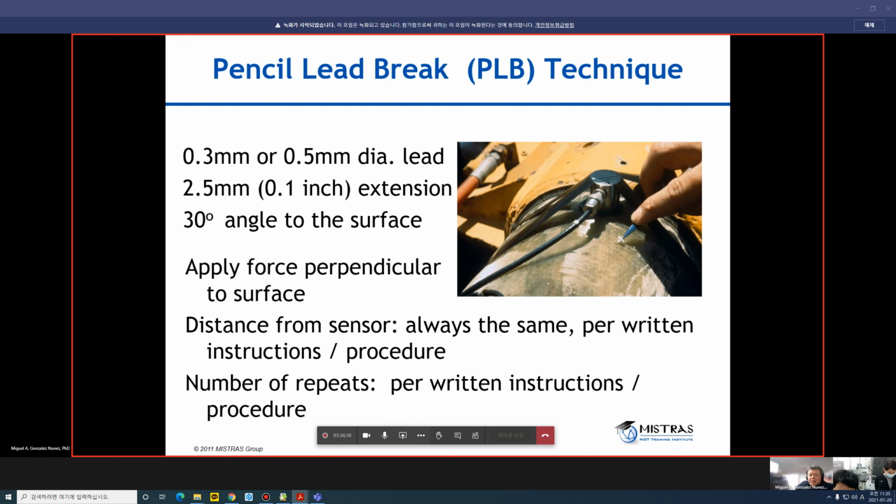Usually, at the distance that I am telling you, between 5 or 10 centimeters, let's say you made the pencil lead break at 5 centimeters away from the sensor. The sensitivity should be around 90 to 92 decibels. 92 decibels. 92, yeah. 90 to 92. Yeah, I understand.